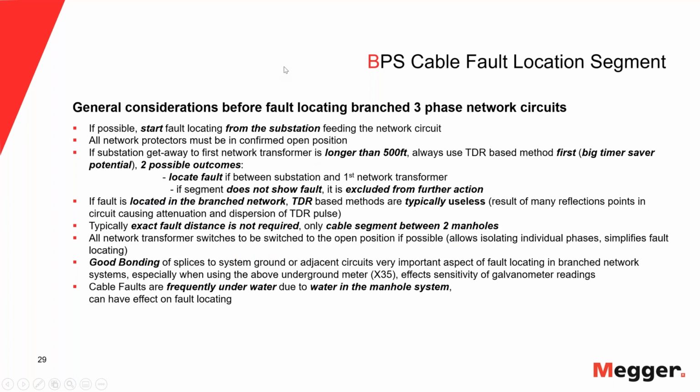All right. So we need to apply some general considerations when we do fault locating on three-phase branch networks. One of the things is very important. When I say always, I never say always, always, but for the most part, you always want to start at the substation to fault locate, because that is where the circuit was fed from when it failed.